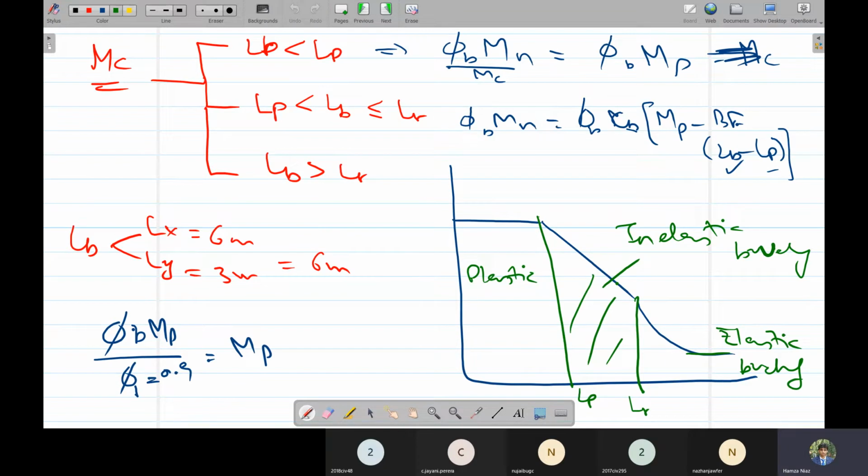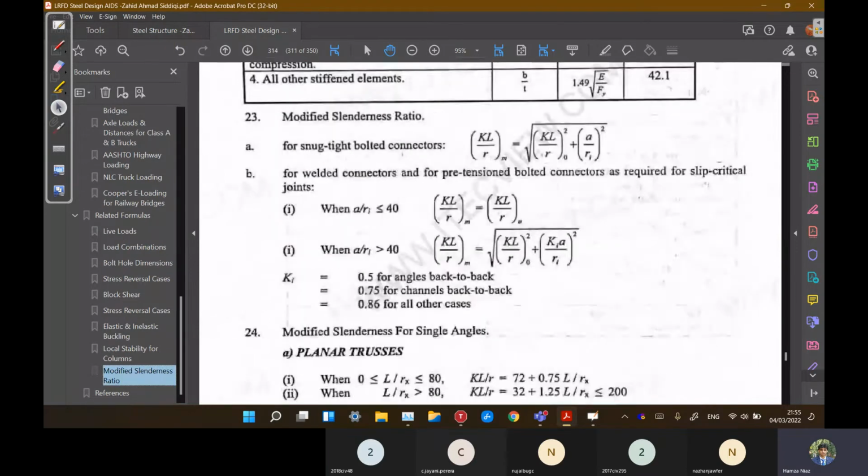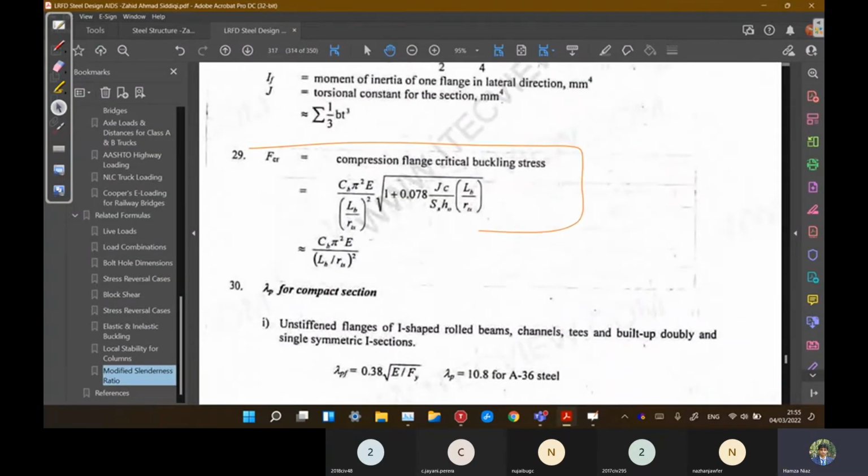The third case is LB greater than LR. In this case, our formula would be phi b Mn is equal to phi b Sx into Fcr. Sx is the section modulus about the X direction, and Fcr is the critical buckling stress. We have to get Fcr from this long formula, or use this approximate one, the bottom formula.